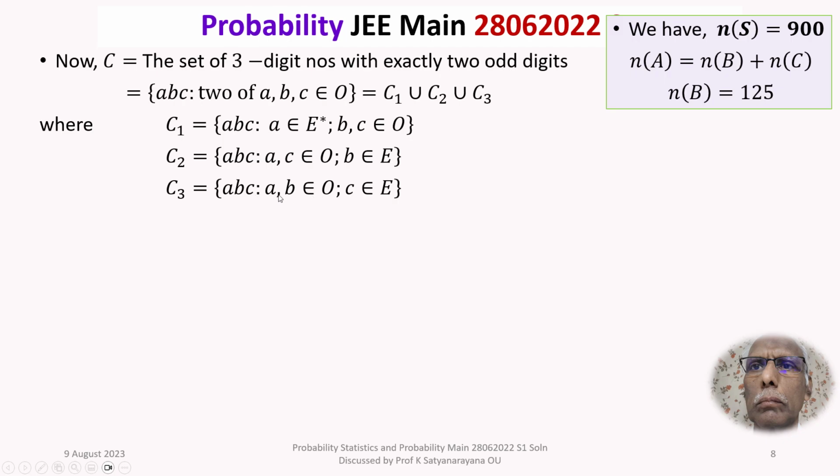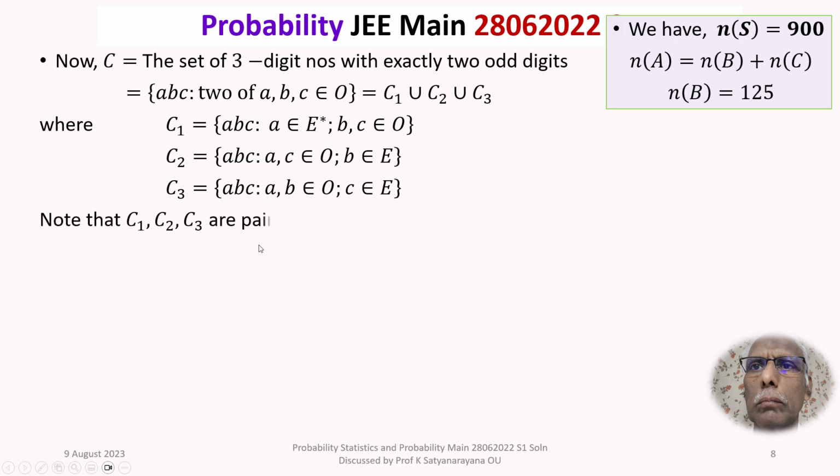The third one, C, is even. C can also be 0. That is why C belongs to E. And note that they are pairwise disjoint. That means C1 intersection C2 is empty, C2 intersection C3 is empty, and C1 intersection C3 is empty.